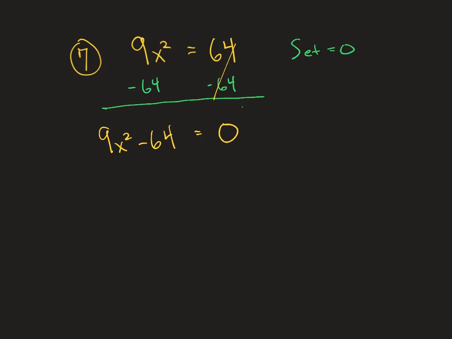So again, we'll want to factor. We've got a binomial here. So with these ones that come up in this section, check greatest common factor. 9 and 64 don't have anything in common. So no greatest common factor. It is, though, difference of squares.